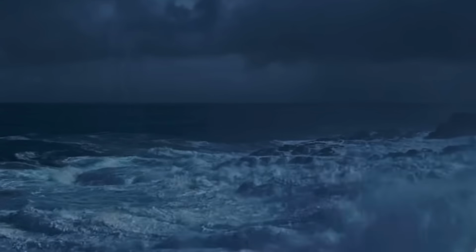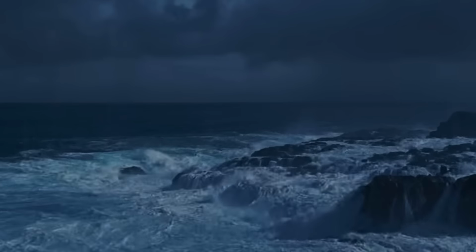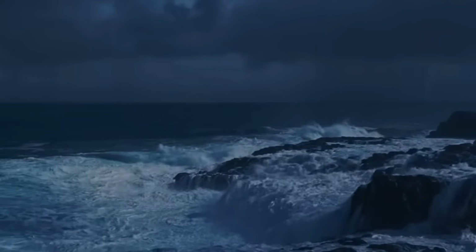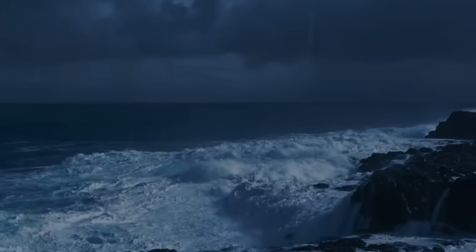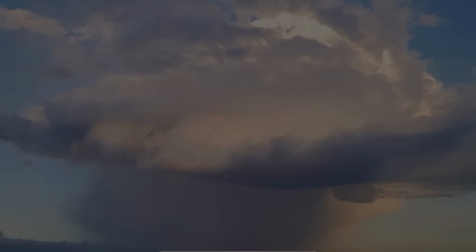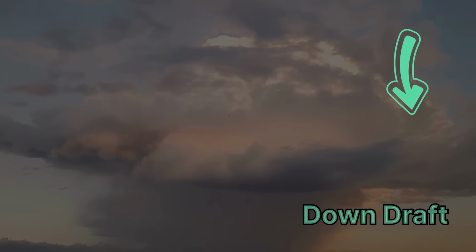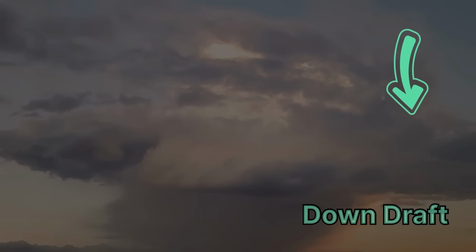In this stage, thunderstorms produce heavy rain, hail, lightning, strong winds, and even tornadoes. The last stage of the life cycle is the dissipating stage. In this stage, the updraft is eventually overcome by the downdraft as precipitation increases.